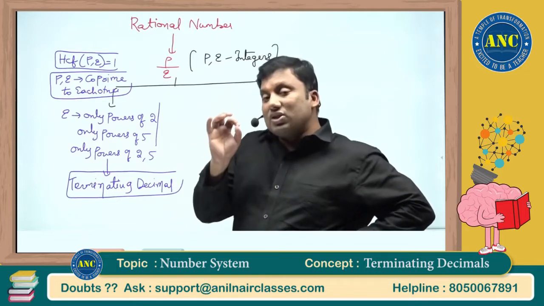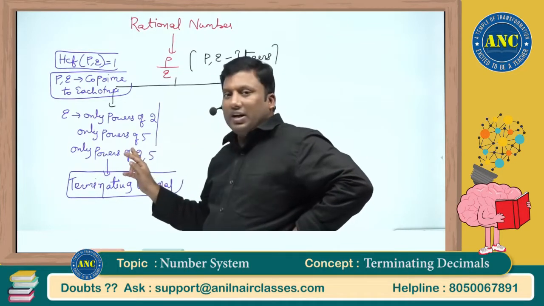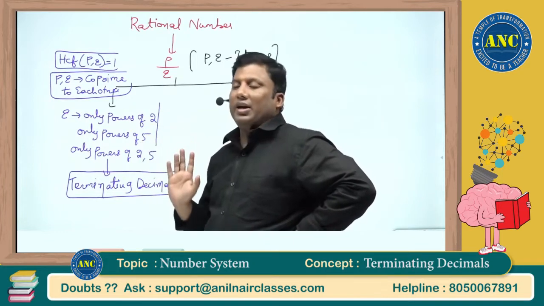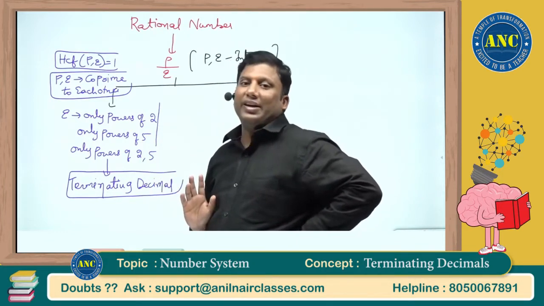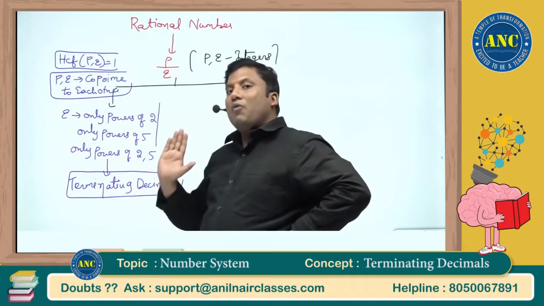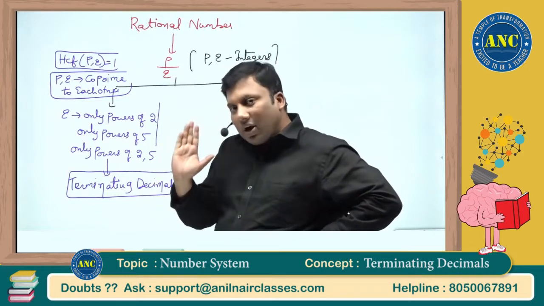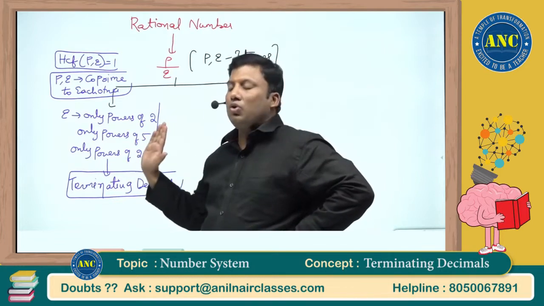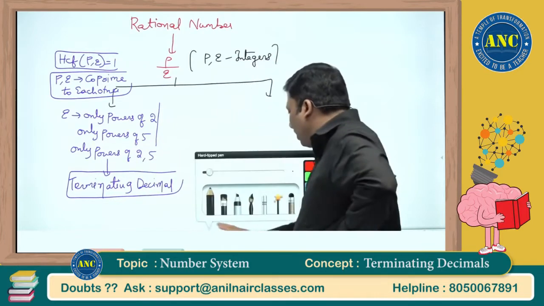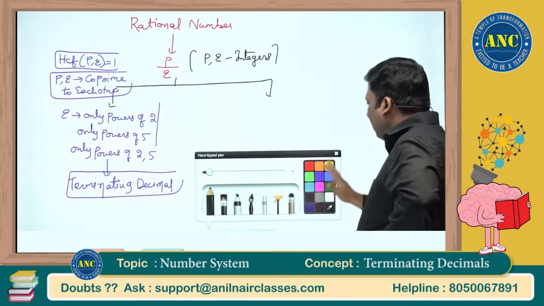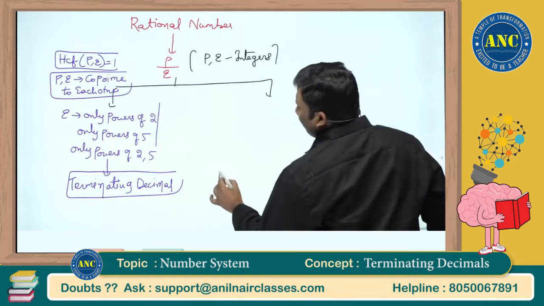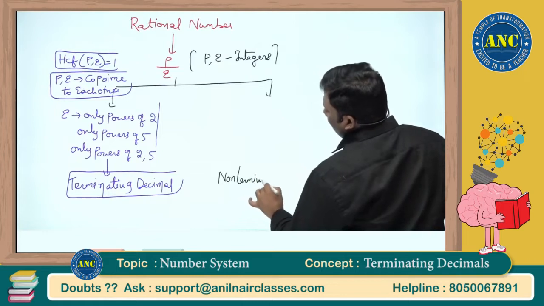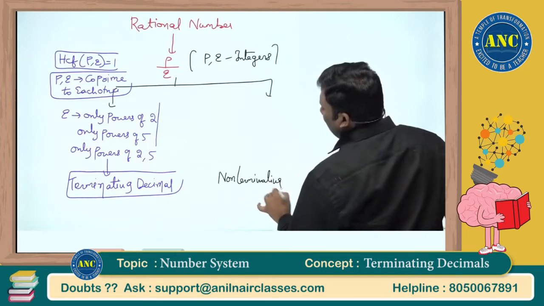A decimal is of two types: terminating decimal and non-terminating decimal. It will terminate only when the denominator is a power of 2 or a power of 5 or the powers of 2 and 5. When will I get a non-terminating decimal, when the decimal will not end?